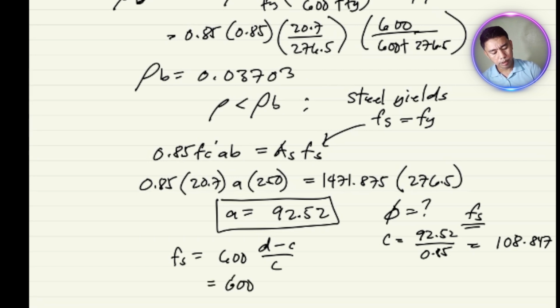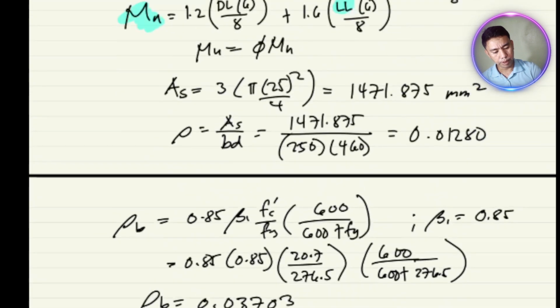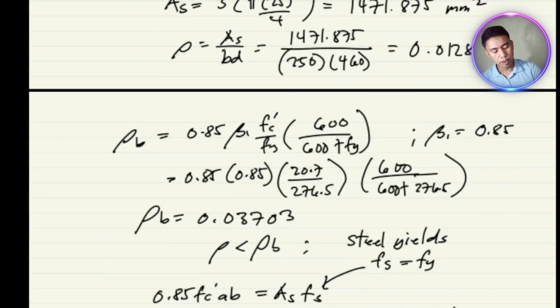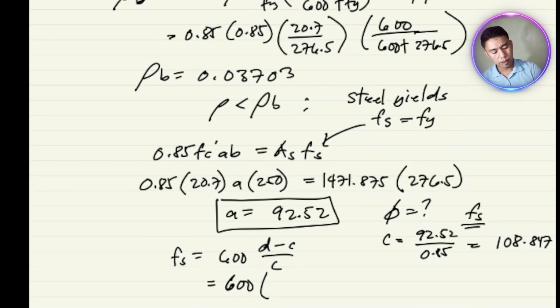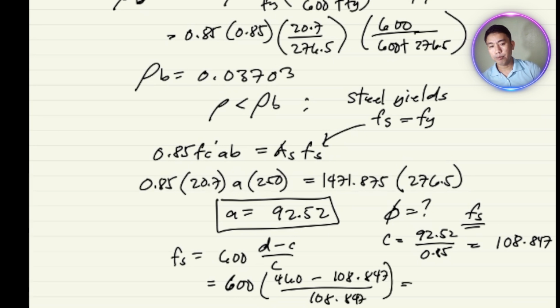So, we can solve Fs here. 600 times D, our D is 460, minus 108.847 over 108.847. So, our Fs here is equal to 1935.